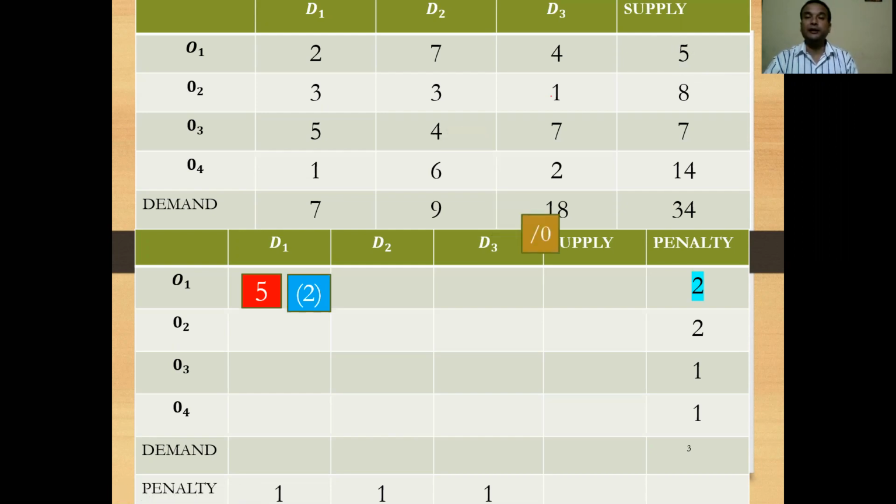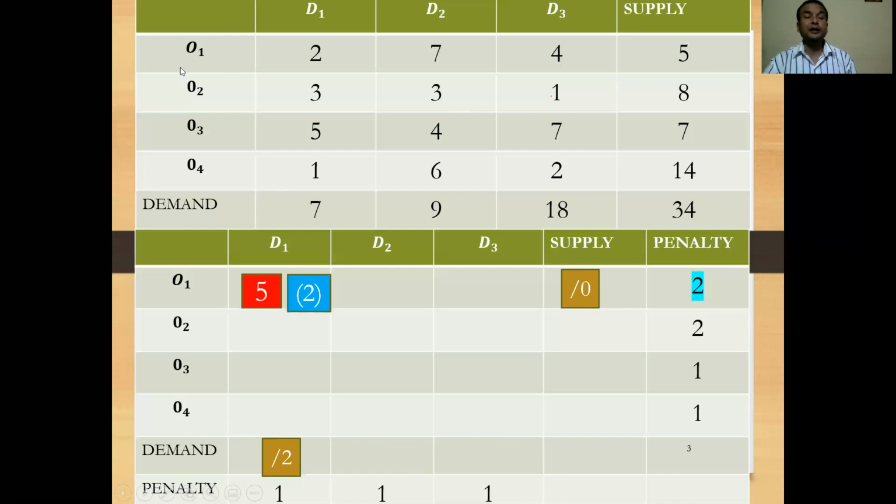So this portion becomes 0, and since 5 items are given to the first cell, which has a requirement of 7 items, there are still 2 requirements left. So the first step we have finished, and we cannot distribute any item from origin 1.